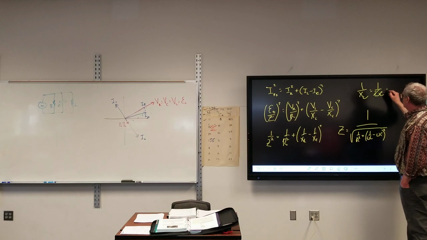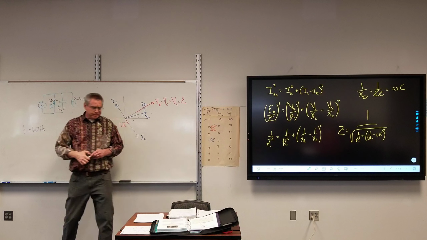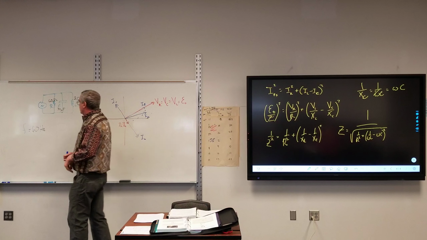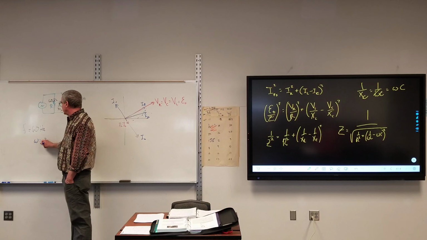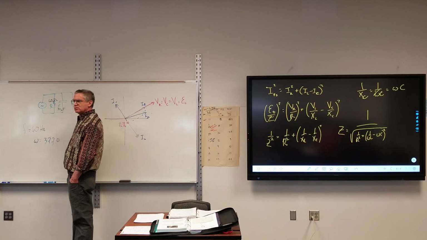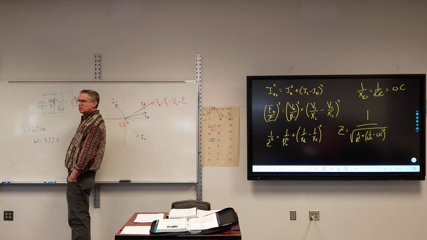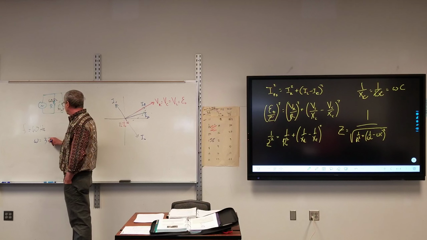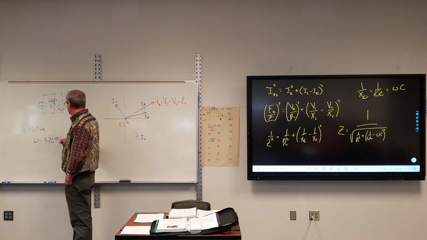And our frequency? So omega is 376.991. That's radians per second.